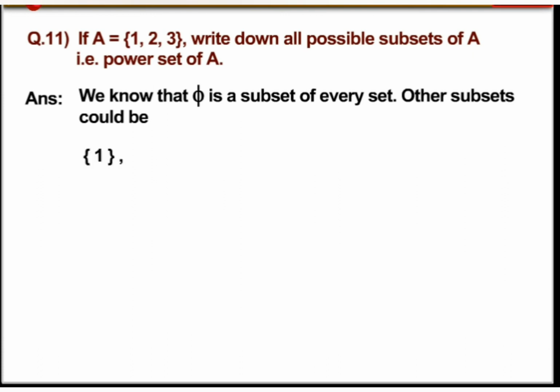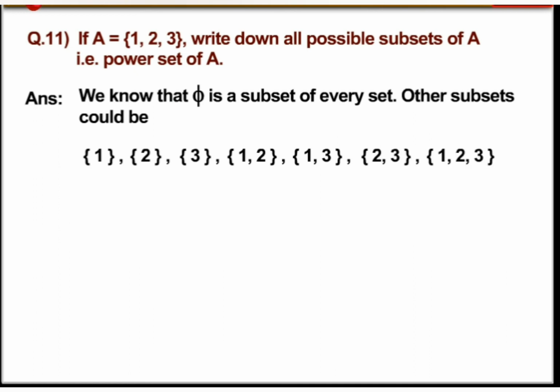the set containing 1, the set containing 2, the set containing 3, the set containing 1, 2, the set containing 1, 3, the set containing 2, 3, and the set containing 1, 2, 3.